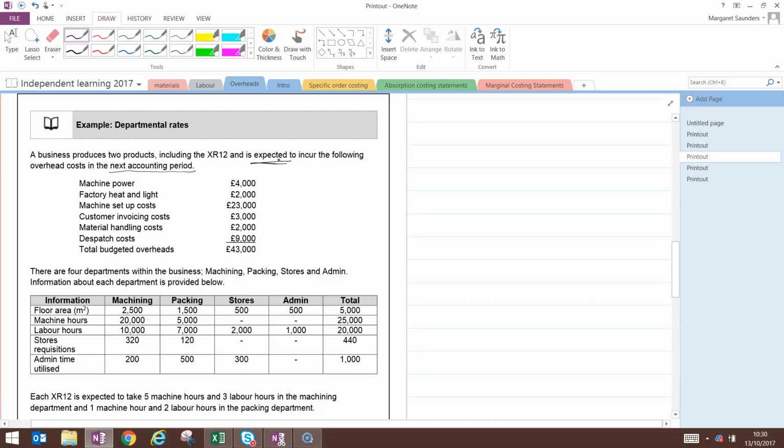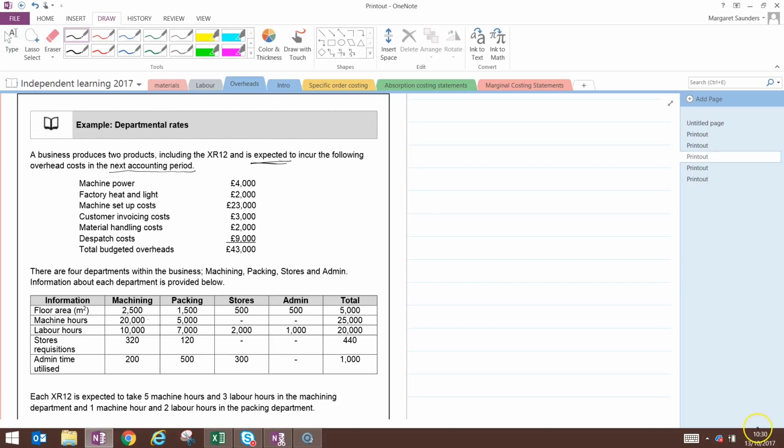So we have the overheads for the period, £43,000. They've told us that there are 4 departments: machining, packing, stores and admin. And then they have given us some additional information about those departments.